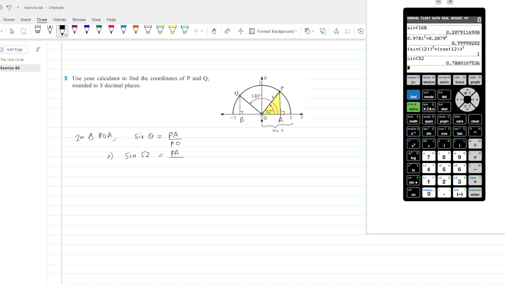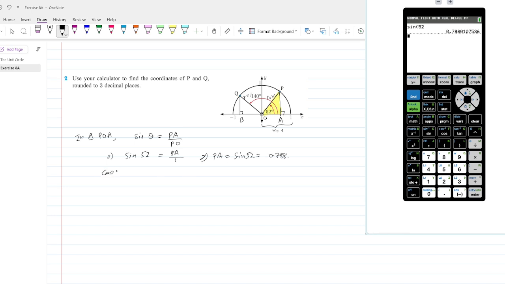So PO must be 1. So this becomes PA divided by 1. So PA equals sine 52, which is 0.788.